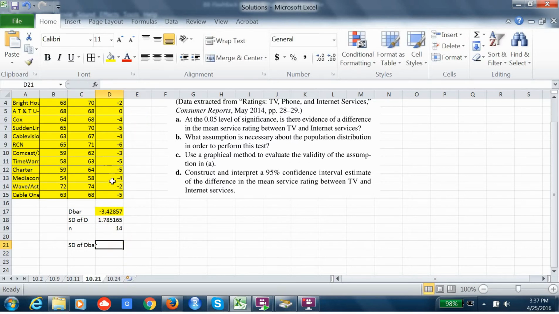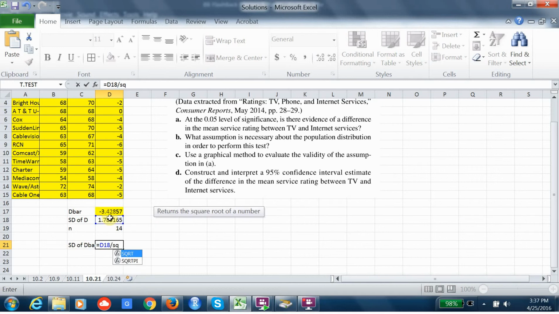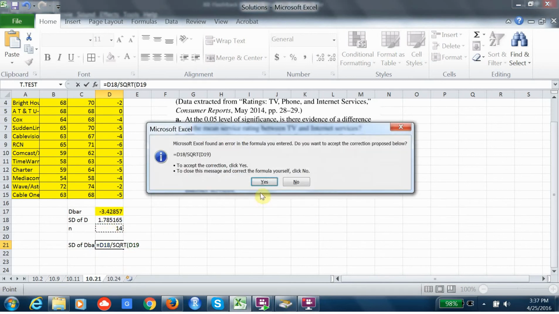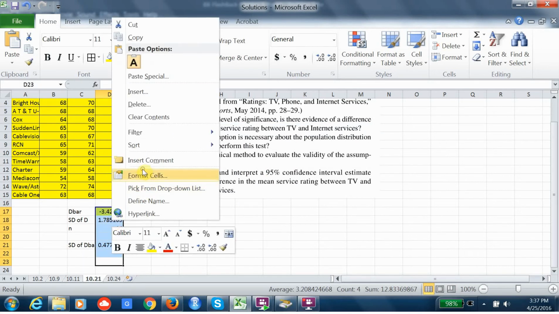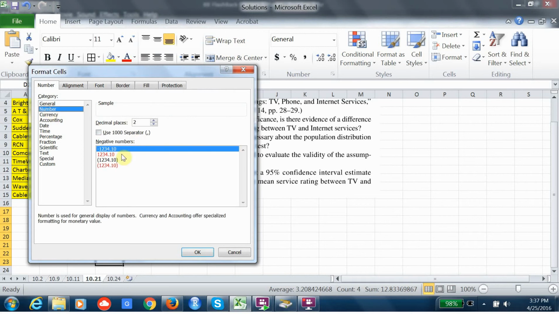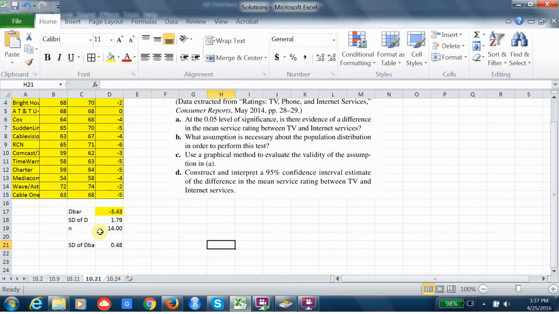Really, these d's are just like x's now, right? So this is equal to this divided by the square root of this, and we get the following. And I'm going to round these off a little bit just to make them look nice. Okay, so now we're ready to do some damage.